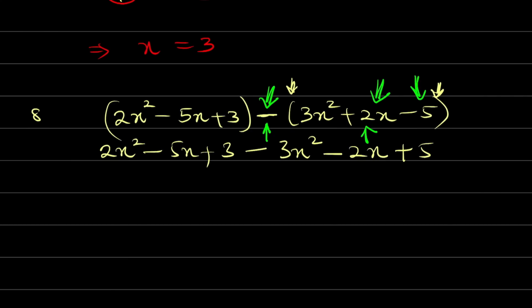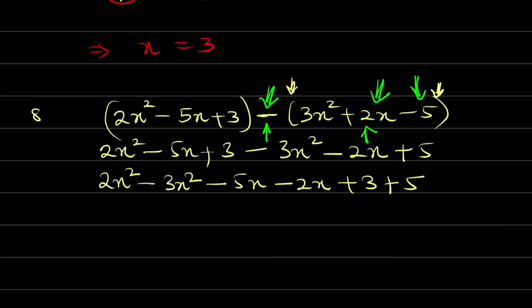So I'm going to tidy up my work by collecting like terms. So I have 2x squared here minus 3x squared here, and then I have minus 5x, then minus 2x, then finally I have plus 3 and plus 5.